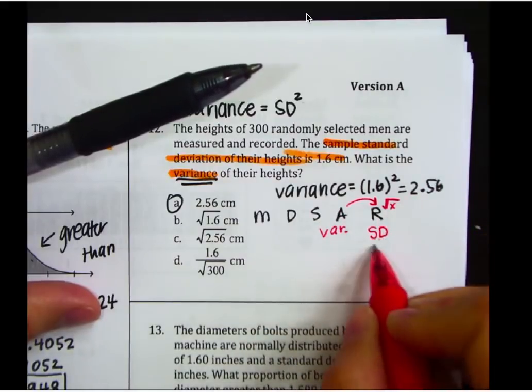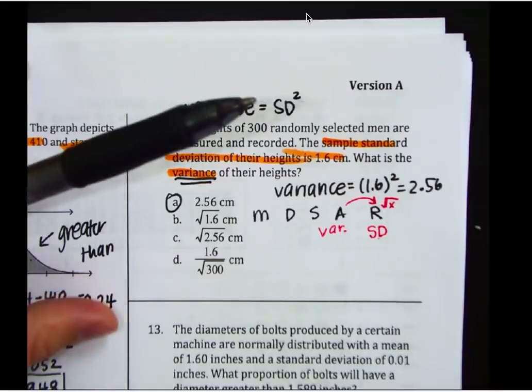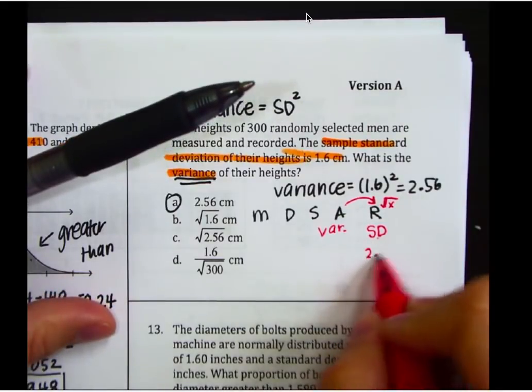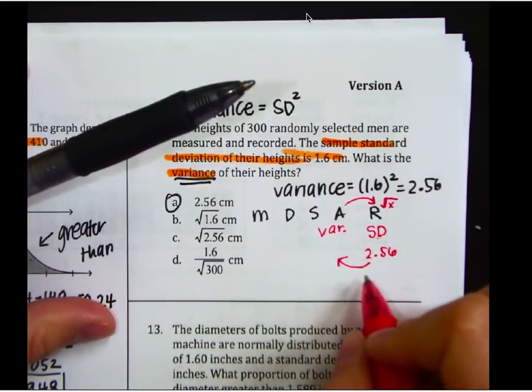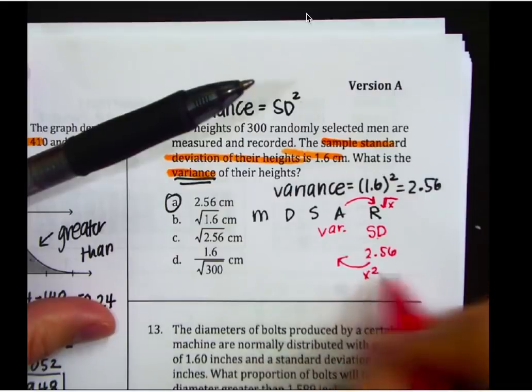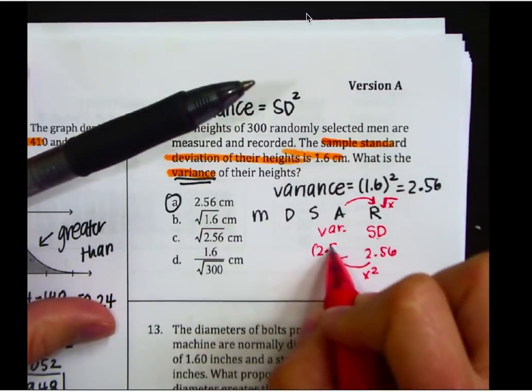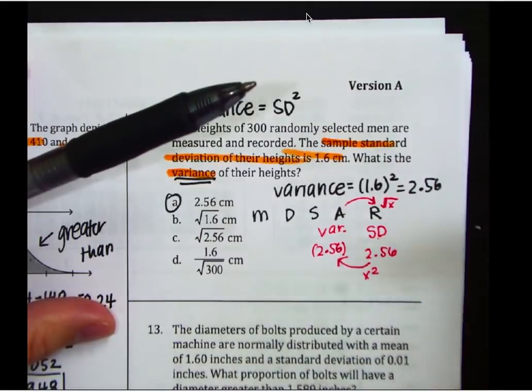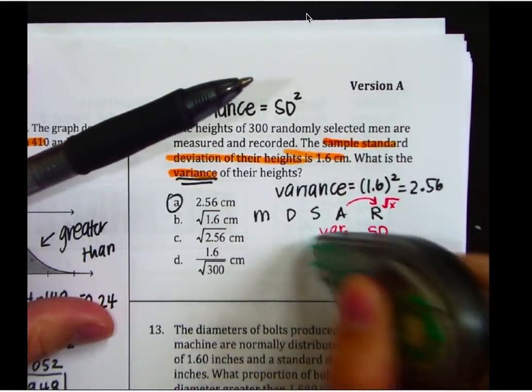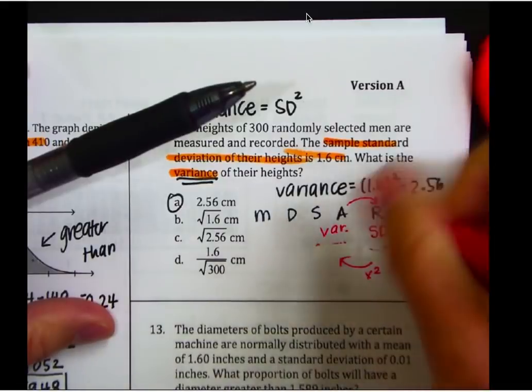So in this case, where they give us the standard deviation and want us to go backwards to variance, we now do the inverse of square root. We're going to square the value. They told us the standard deviation was 1.6.